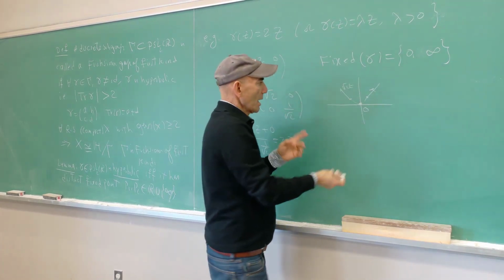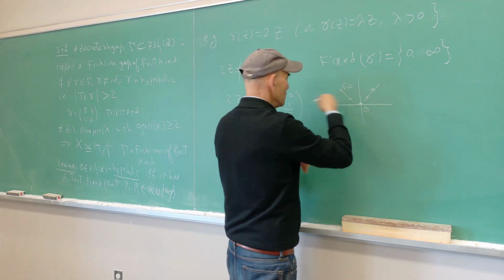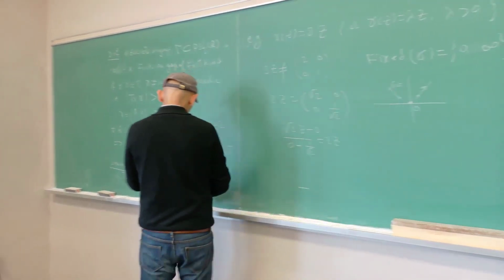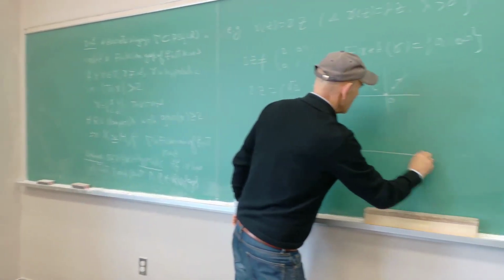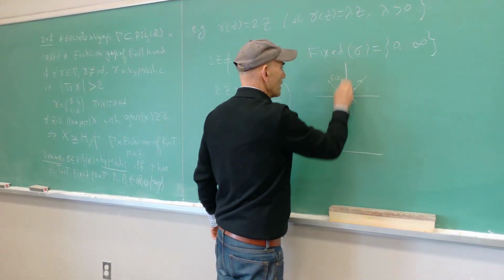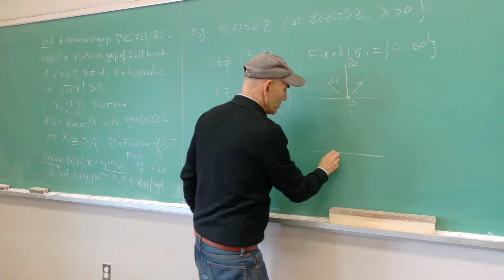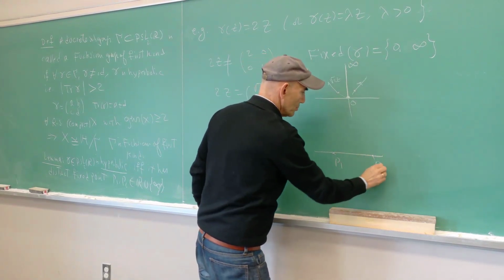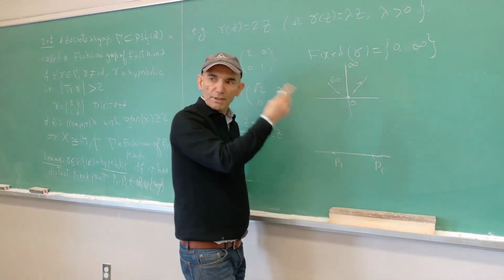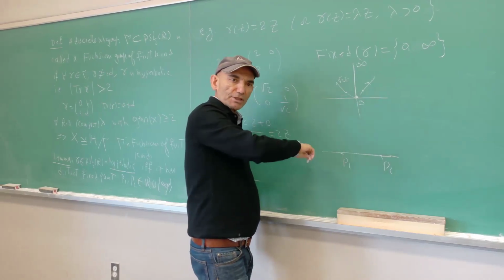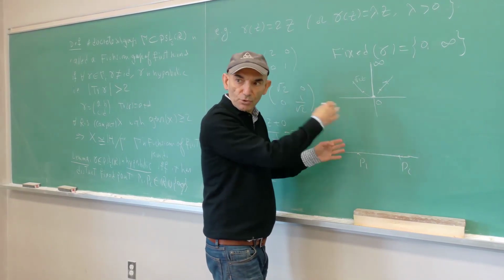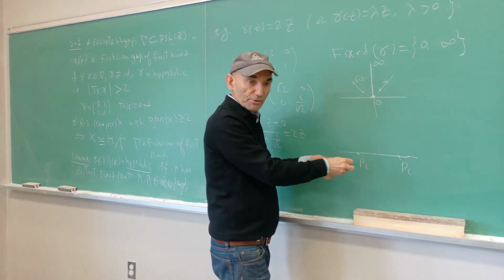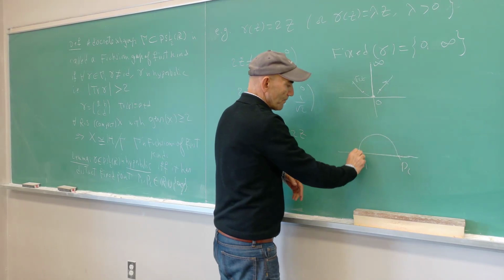And there is, in general, a geodesic that connects P1, P2. In this case, this is the geodesic that connects 0 to infinity, but in general, we know that in the hyperbolic plane there's a unique geodesic that connects P1, P2, and that's the semicircle that's orthogonal to the line at these two points.